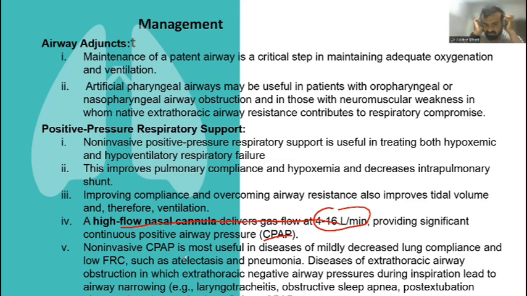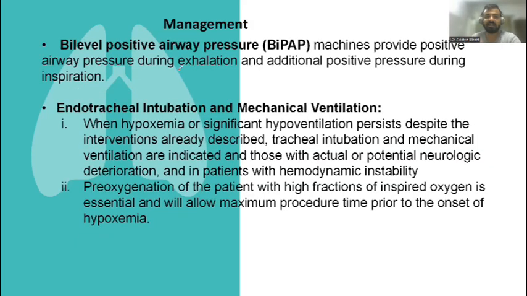So this collapse is prevented by the presence of continuous positive airway pressure, and thus CPAP is very beneficial in patients of ARDS. And BiPAP is a type of CPAP which has two pressures. In inspiration, it has a different pressure. In expiration, it has a different pressure. While CPAP maintains a single pressure throughout the cycle to prevent the collapse of the lungs.